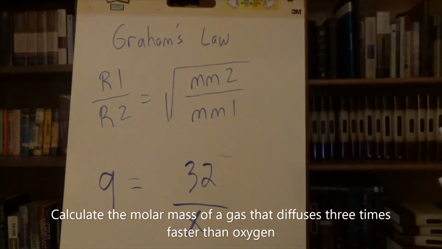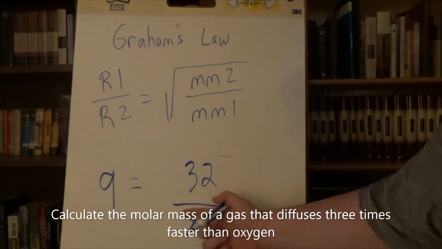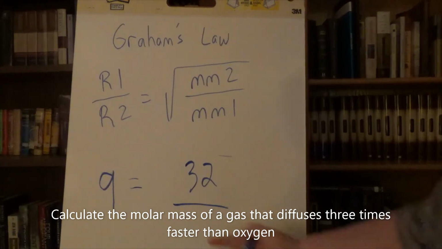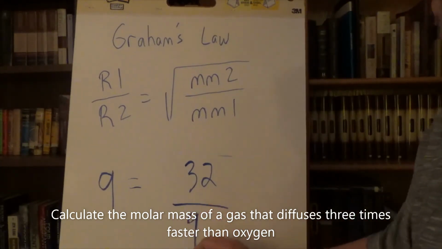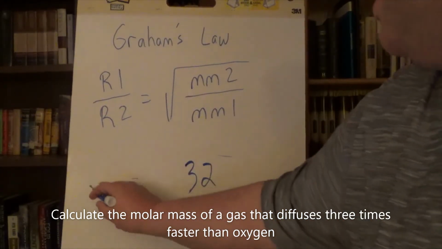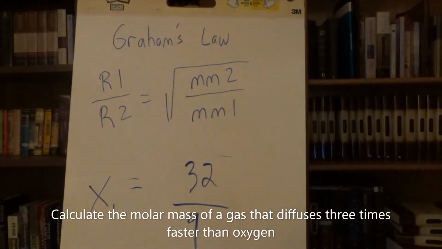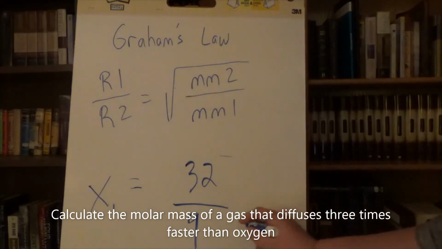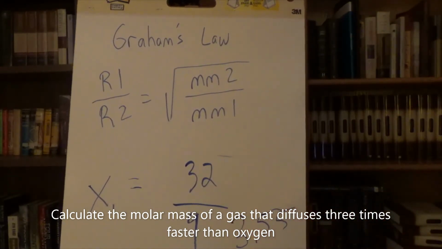So now we're left with 9 equals 32 over X. And now, simplest thing to do, flip them. Make this an X, and there you go. So 32 over 9, or 3.55. So the molar weight of the unknown gas was 3.55. And there you go. That's the answer to number 5.